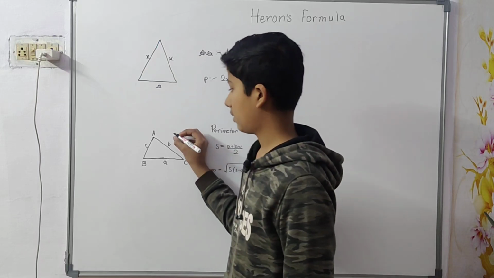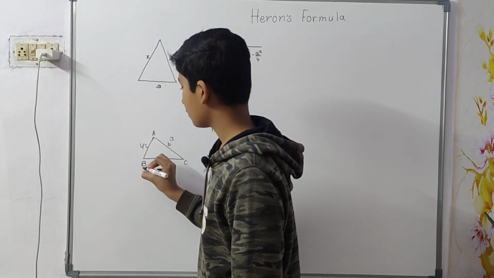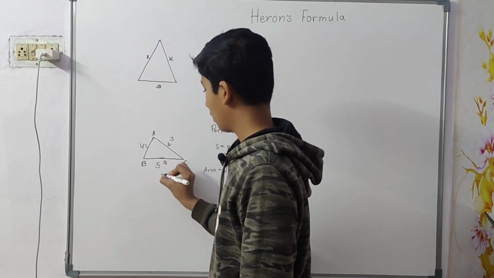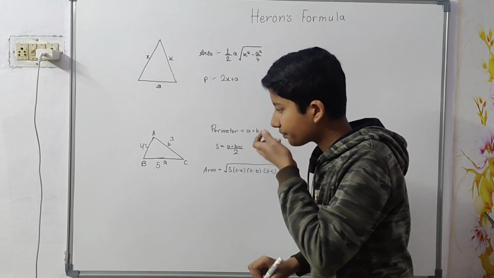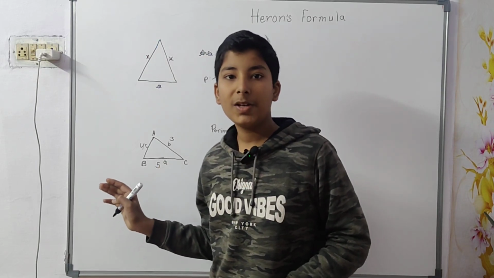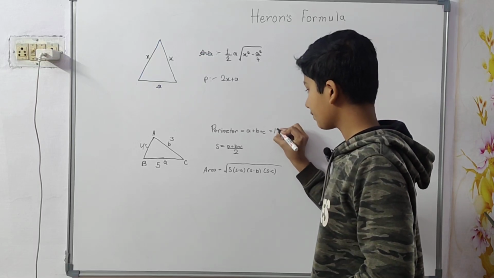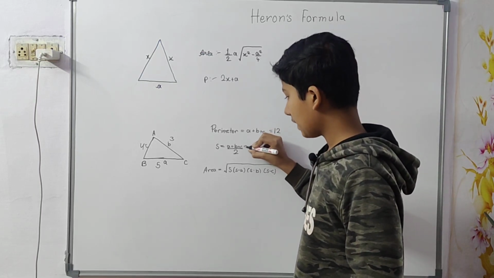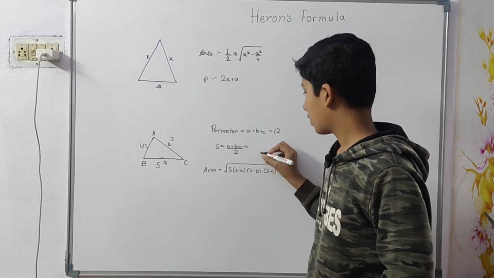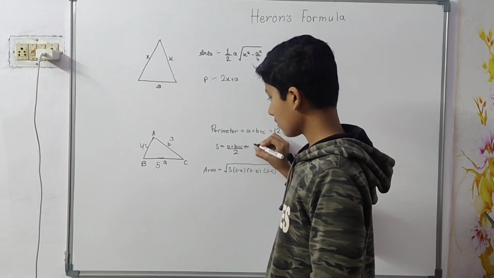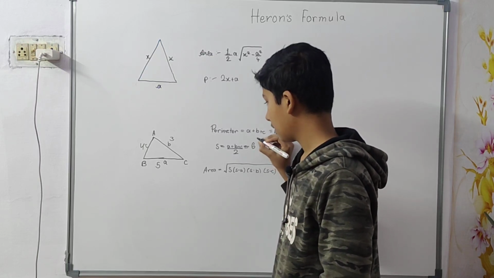Let this be 3, 4, 5. So perimeter will be 12. Semi-perimeter, S is denoted by semi-perimeter. So it will be 12 by 2, hence 6.